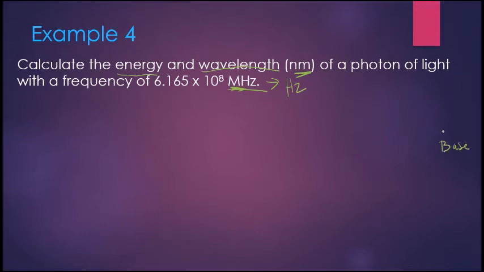Above the base unit, we have deca, hecto, kilo, so kilo is 10 to the third. Then mega is 10 to the 6th. So there's 10 to the 6th base units in 1 mega of that unit. Really, 1 times 10 to the 6th hertz equals 1 megahertz. So you're going to have to do that conversion before you begin.